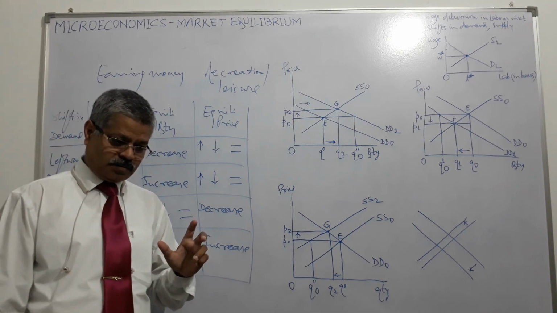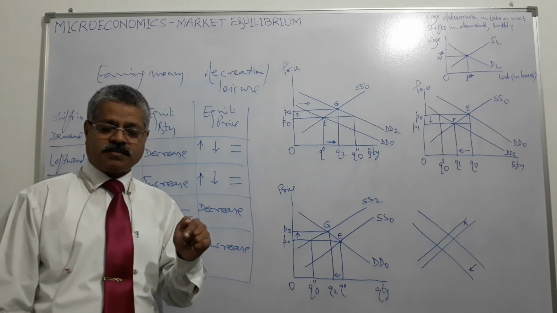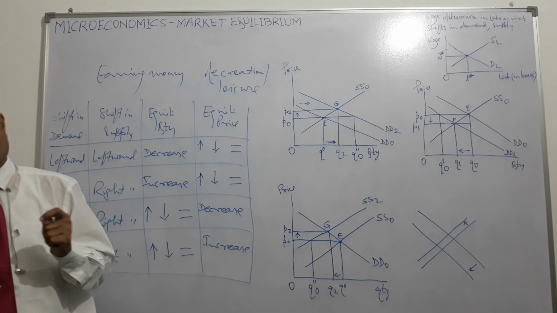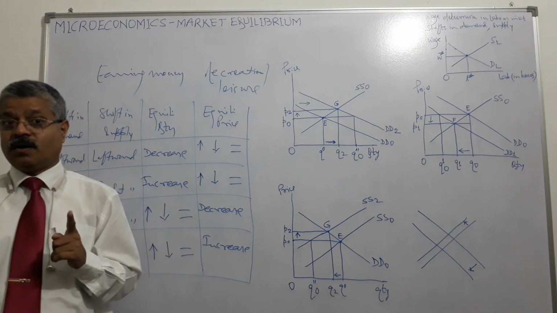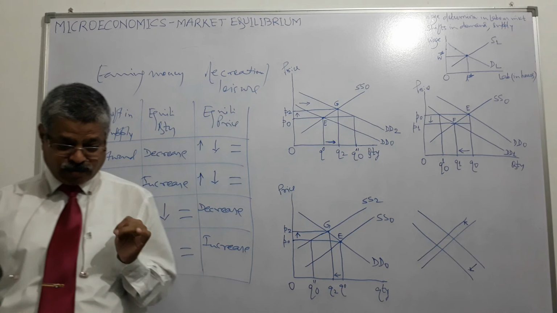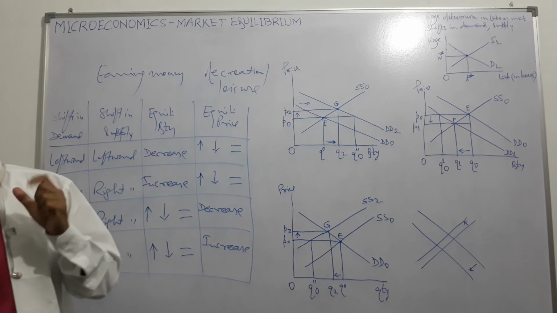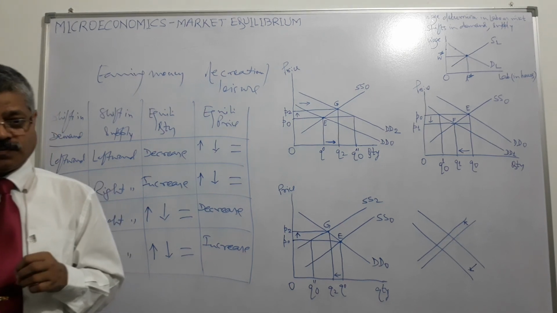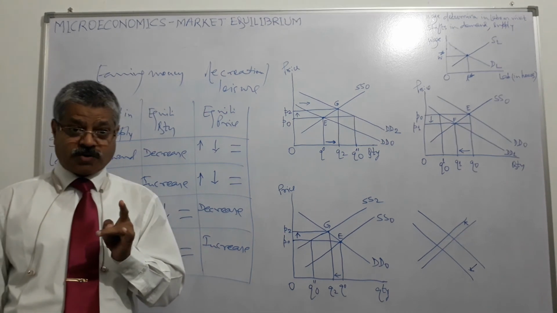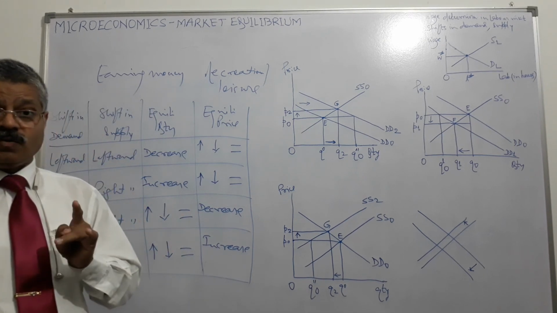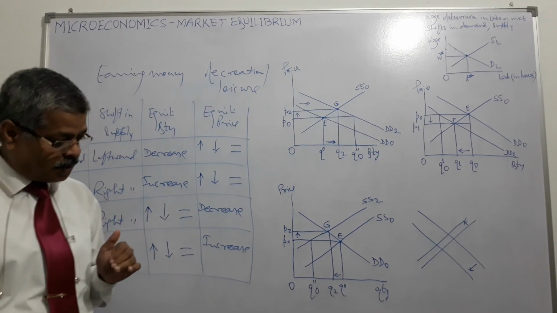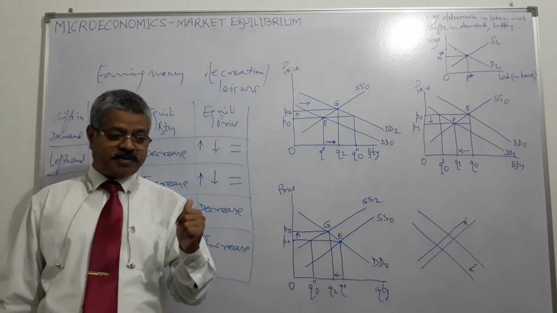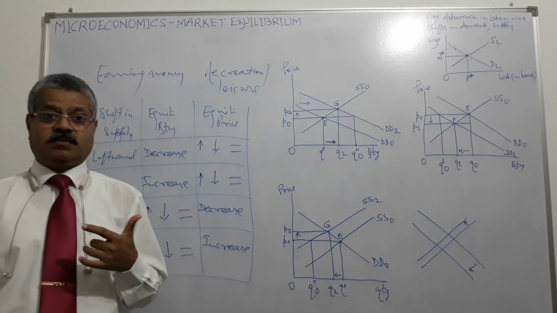So while hiring labor, the firm employs labor up to the point where W becomes equal to MRPL, means the wage rate becomes equal to marginal revenue product of labor, and MRPL is equal to MR into MPL, right? In the case of perfectly competitive markets, marginal revenue is equal to the price of the commodity.